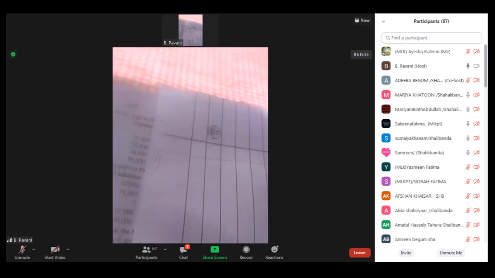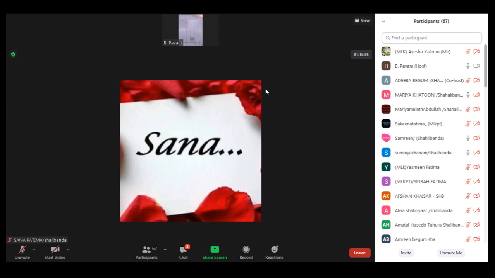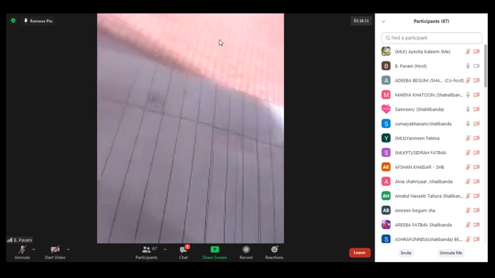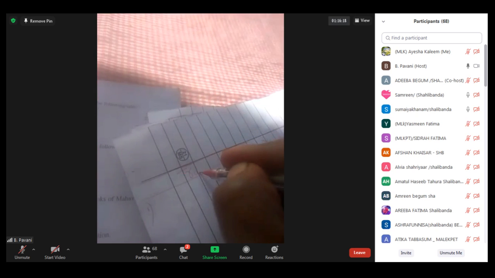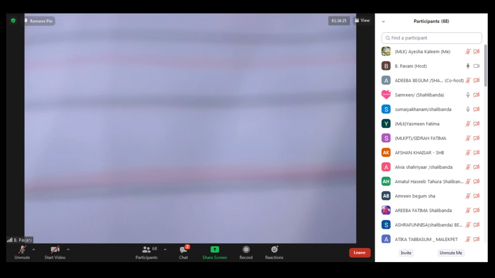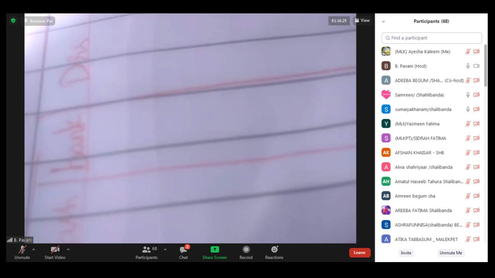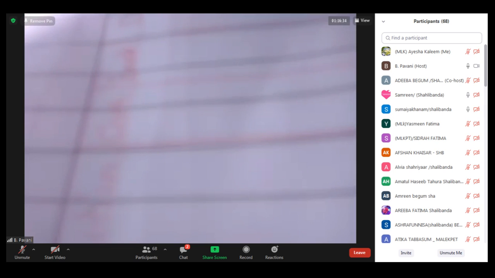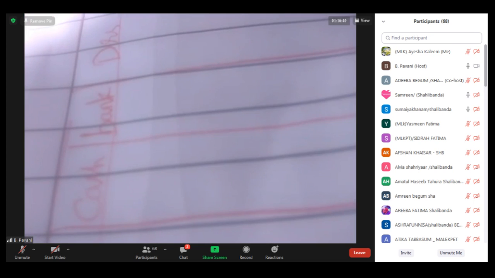First column is transactions. The next is cash, bank.